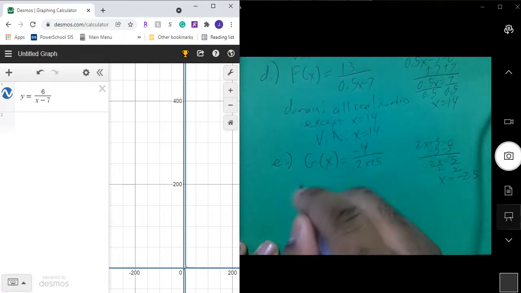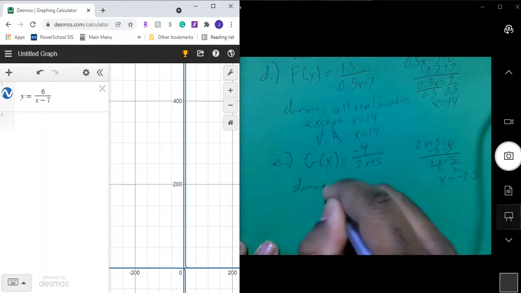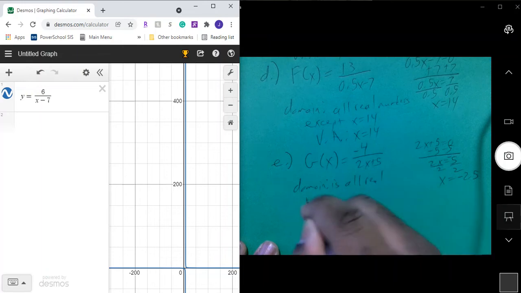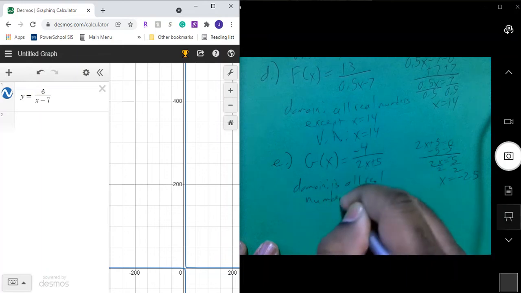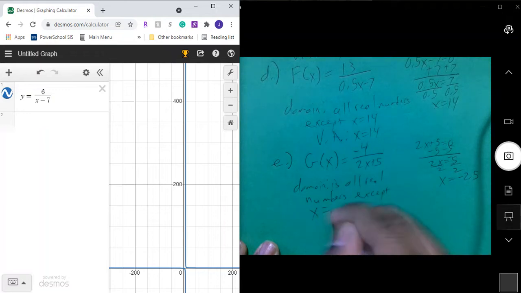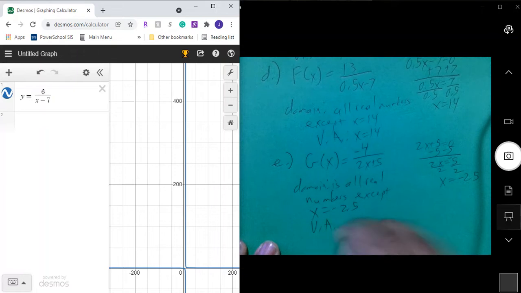And so the domain is all real numbers except x equals negative 2.5. And the vertical asymptote is x equals negative 2.5. And that took care of problem number 3, A through E.